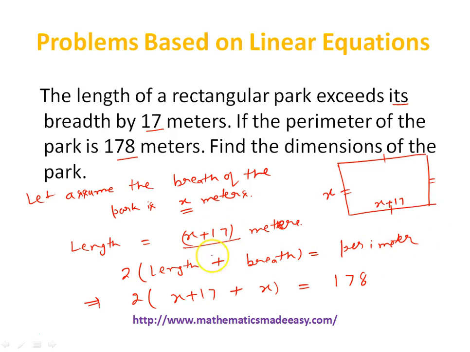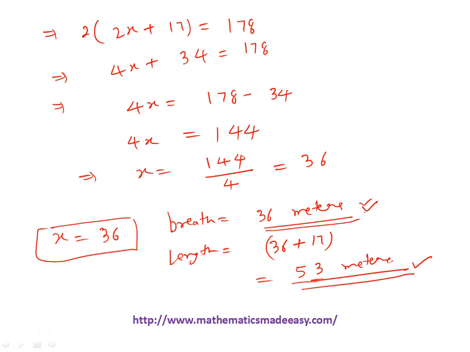Then whatever we have assumed, we put into the formula and get a linear equation in x, which we solved, and we got the value of x as 36. So x has become our breadth and x plus 17 has become the length of the park. Got it?